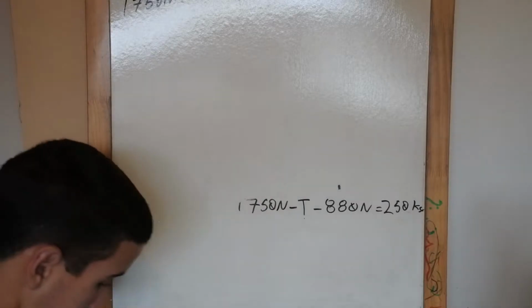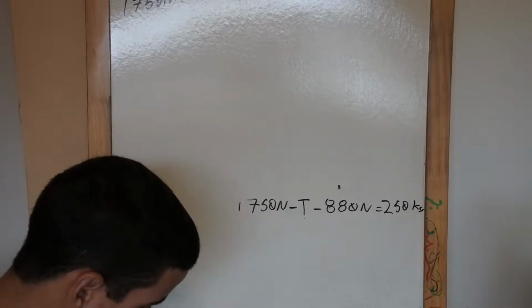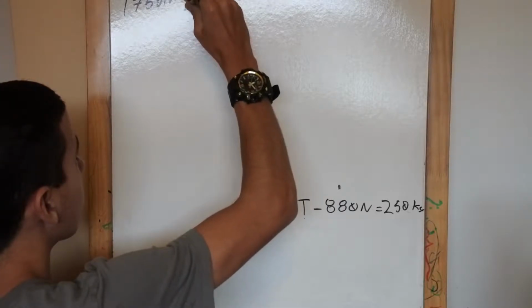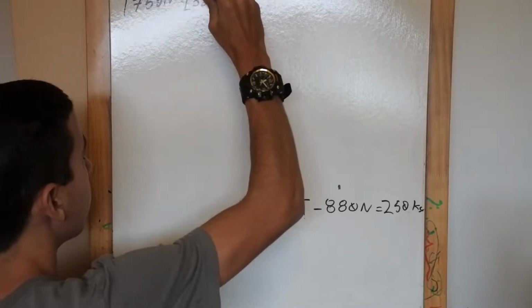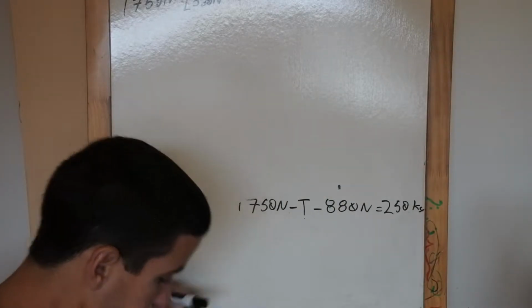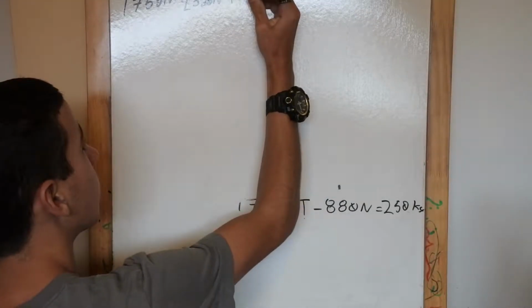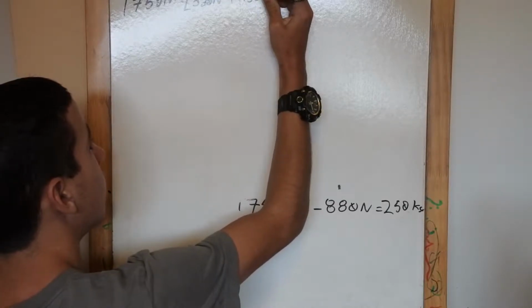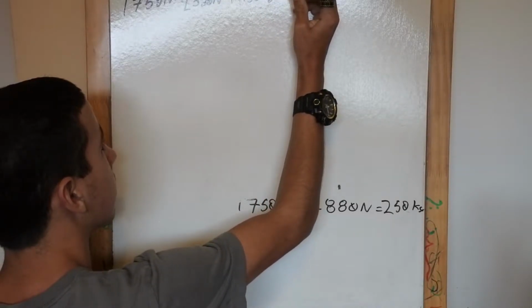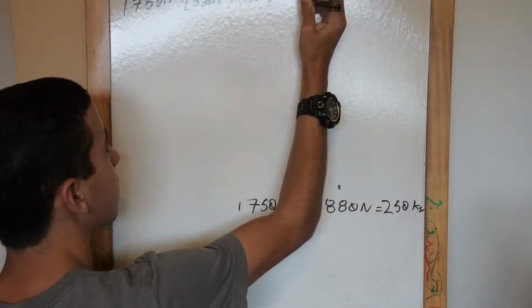1750 newtons minus tension. We solve for tension as 530 newtons, remember, refer to your notes, plus 150 kilograms times acceleration.